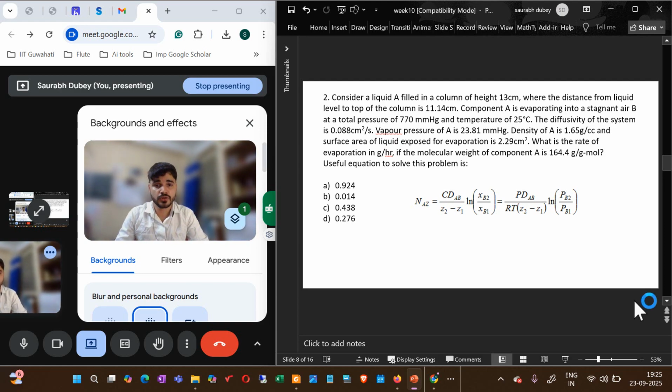Okay. So consider a liquid A filled in a column of height 13 centimeter, where the distance from the liquid level to the top of the column is 11.14.